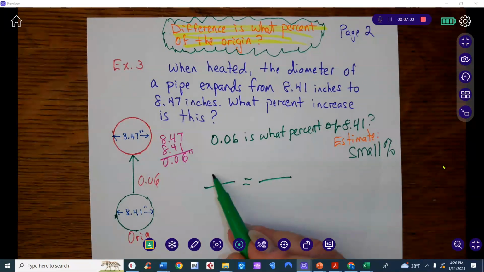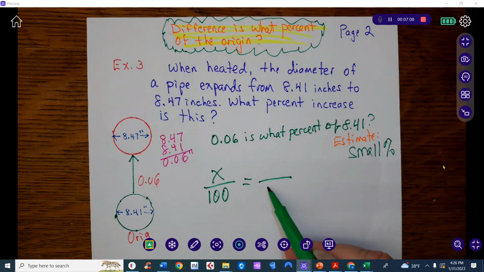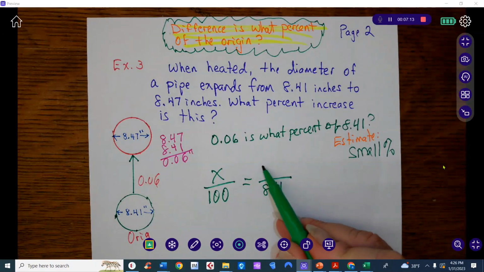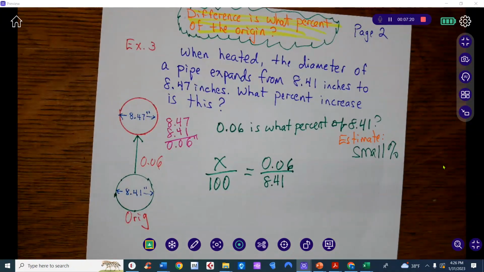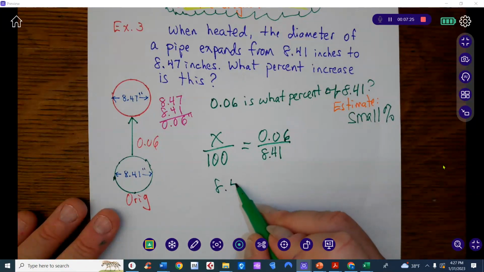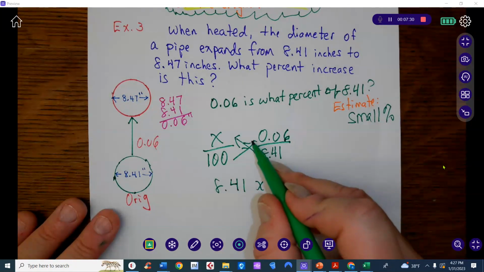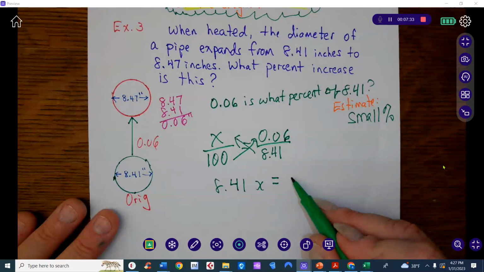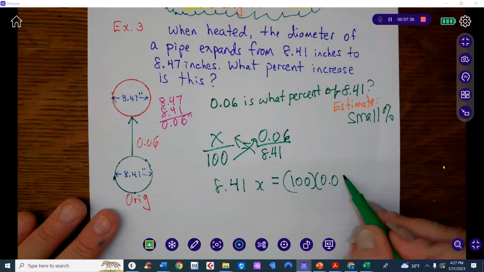0.06 is what percent? The minute you see what percent, you put x over 100. Of 8.41, write 8.41 in the denominator. What's left? 0.06. Put that right there. So now we write 8.41x, we're going to cross multiply, is equal to 100 times 0.06.